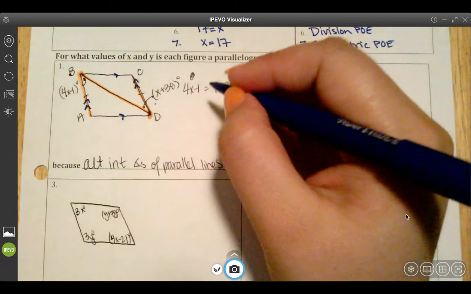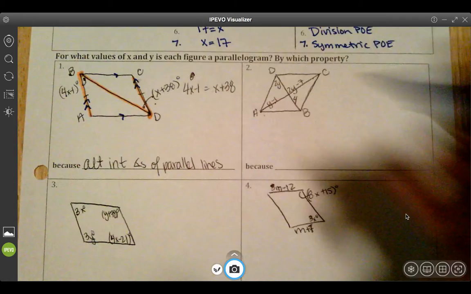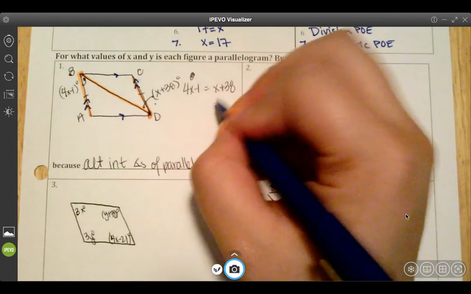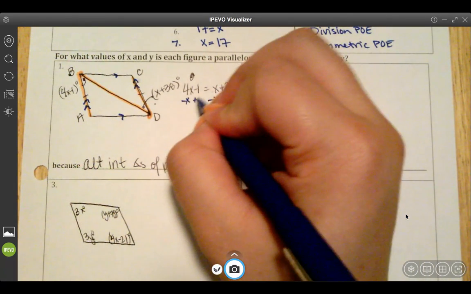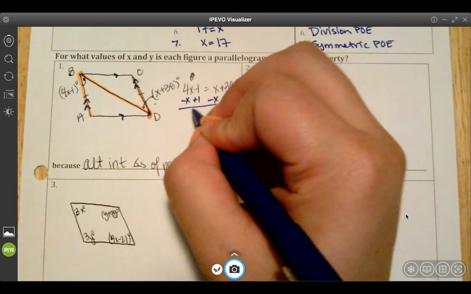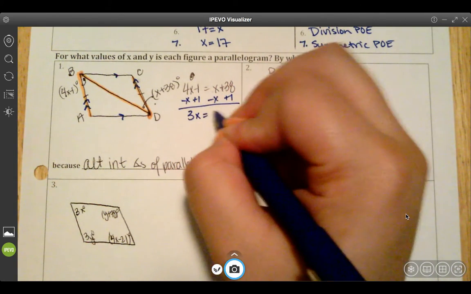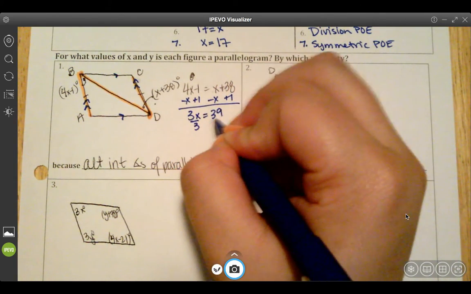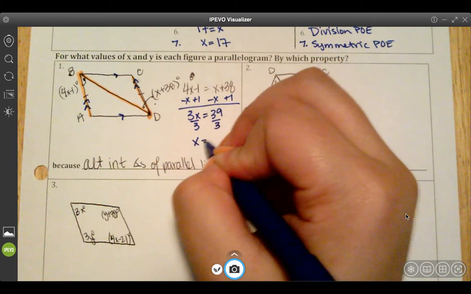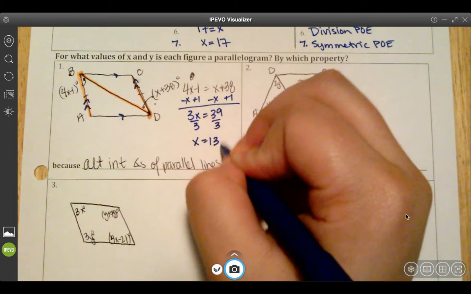I'm going to switch to pens, my black pen is leaking. Minus x plus 1. 3x equals 39. Divide by 3, x equals 13.